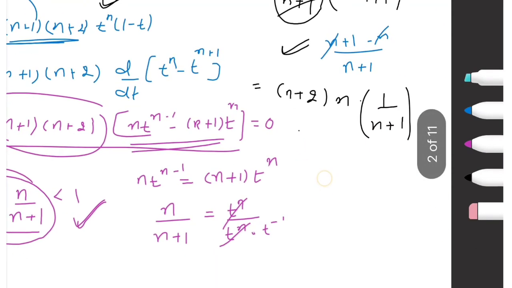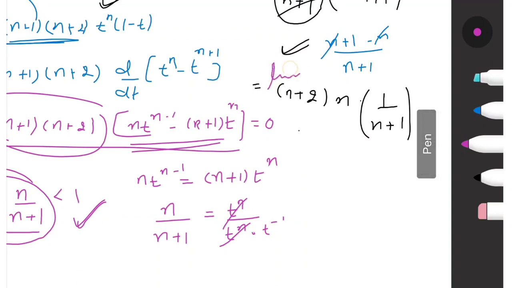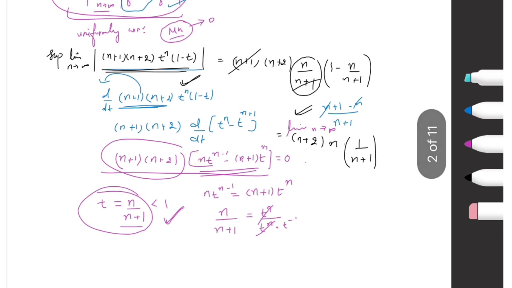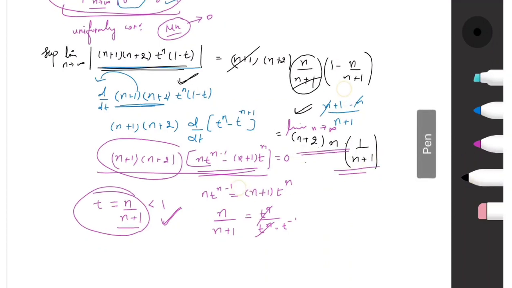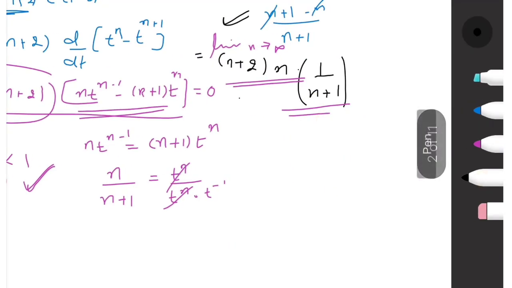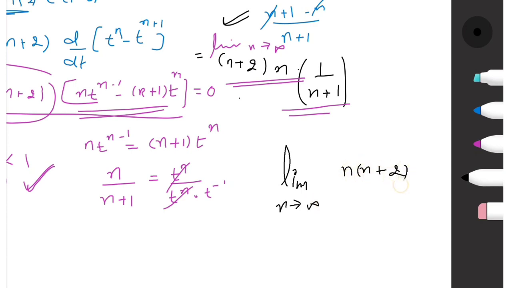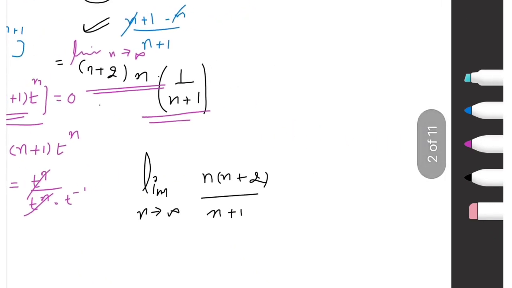As you can see, we are applying the limit as n tends to infinity. In the numerator we have n squared and in the denominator we have n, so you can write it as the limit as n tends to infinity of roughly (n+2)/(n+1) times n, which also tends toward infinity.